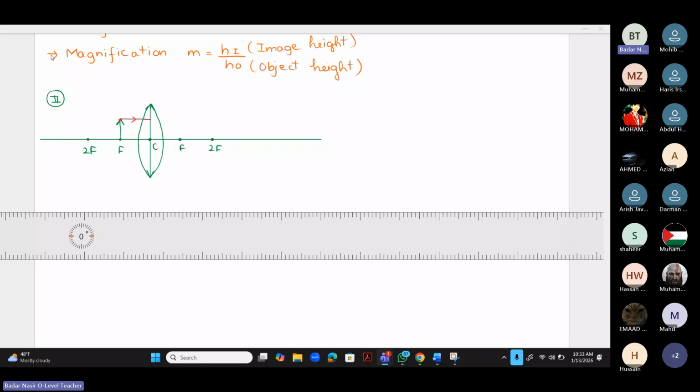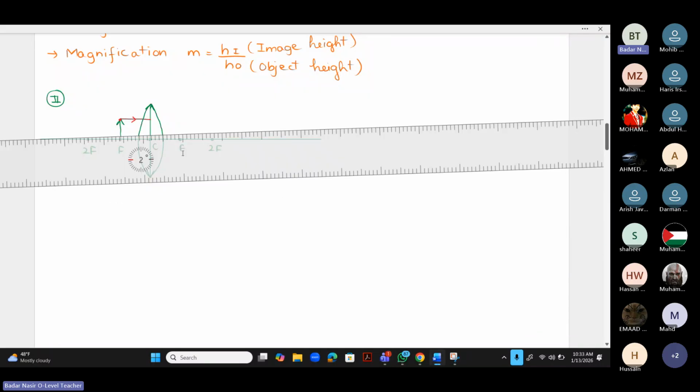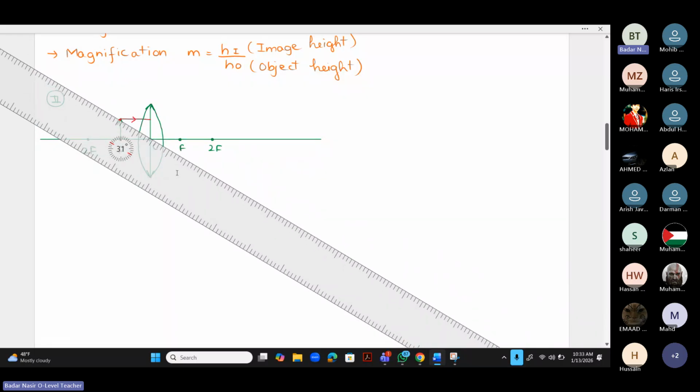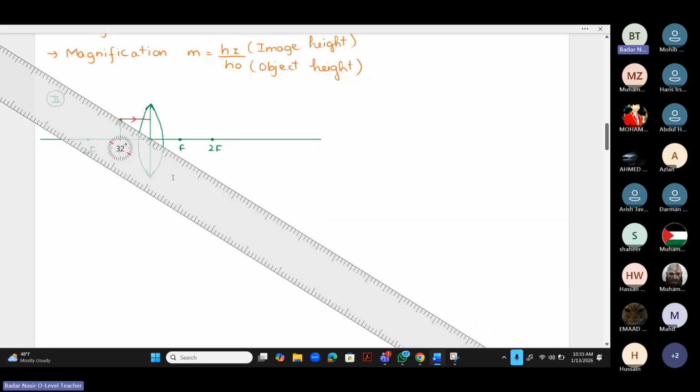So let's just do that. Let's pass one of these rays from the top of the object and through the optical center.